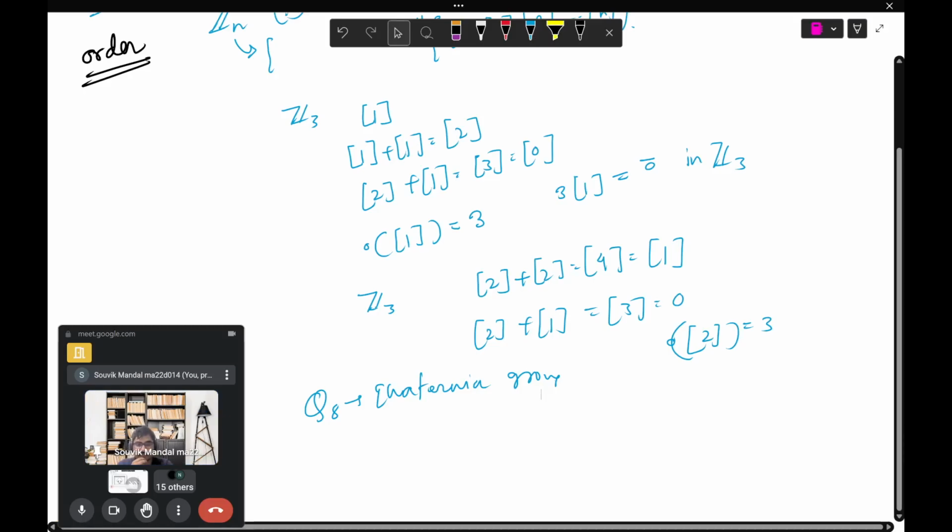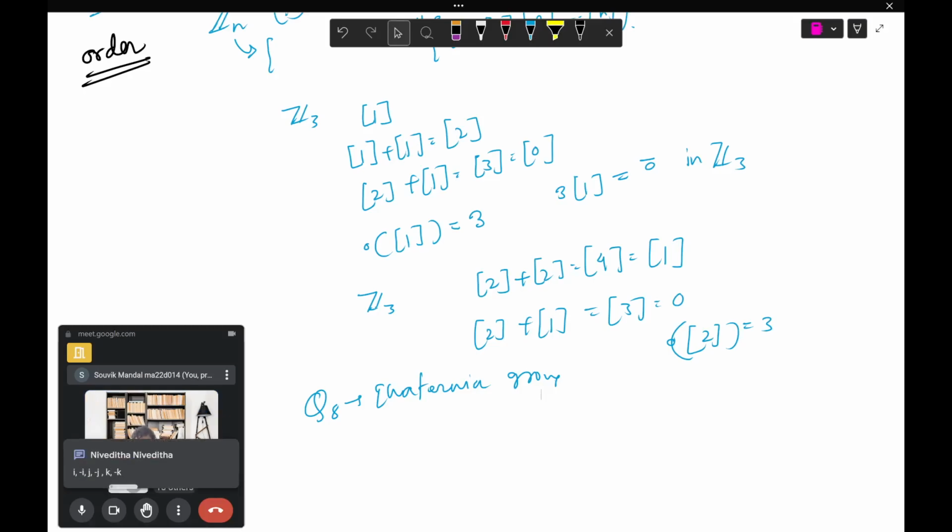It's a group of order 8 in which the orders of elements are 1 and 2 only. 1 is the only element of order 1 and every other element is of order 2.